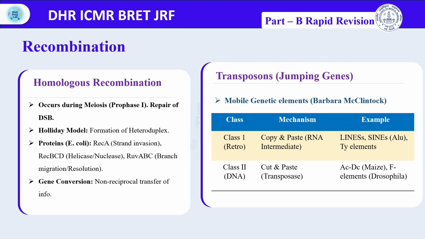Like I told you, the Holliday model will be formed, and in E. coli, RecA is responsible for this type of strand invasion, and RecBCD is the helicase or the nuclease. RuvABC is the branch migration or resolution point in E. coli. So these are the points.